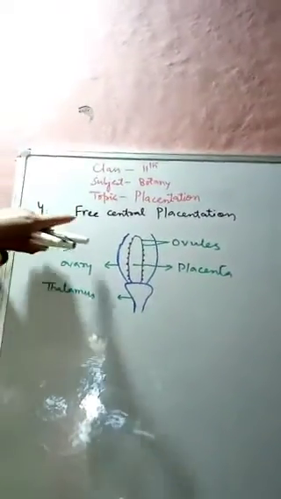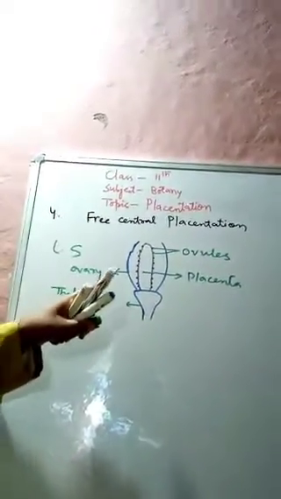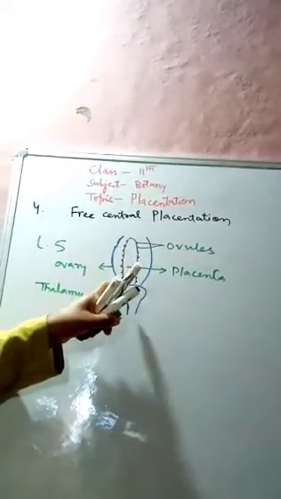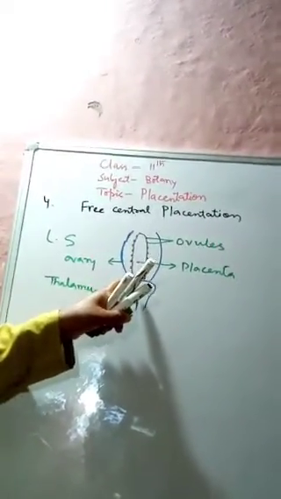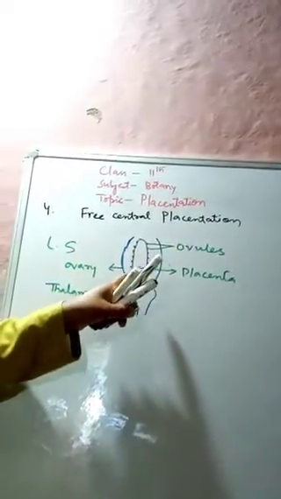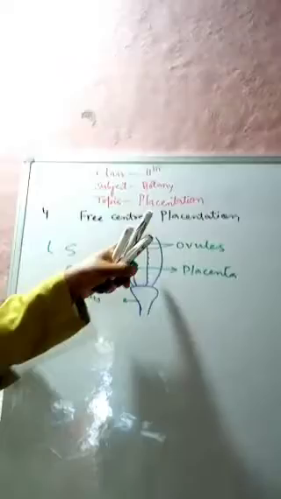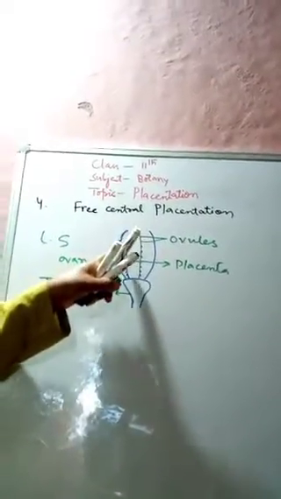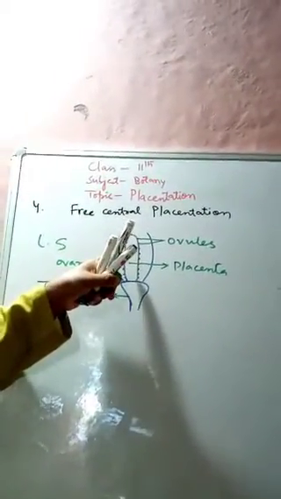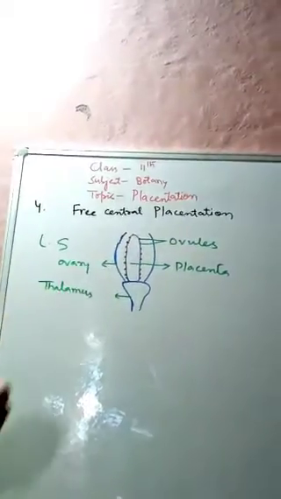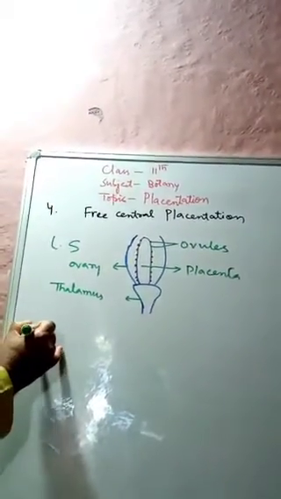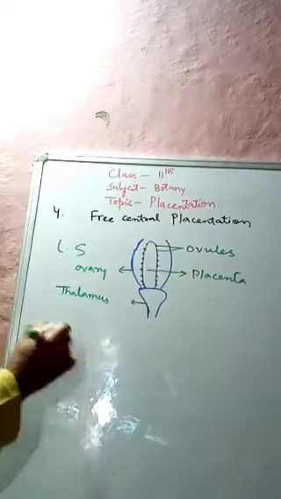So in free central placentation, in the center there is the placenta, which looks like a column or pillar, and from it the ovules develop.